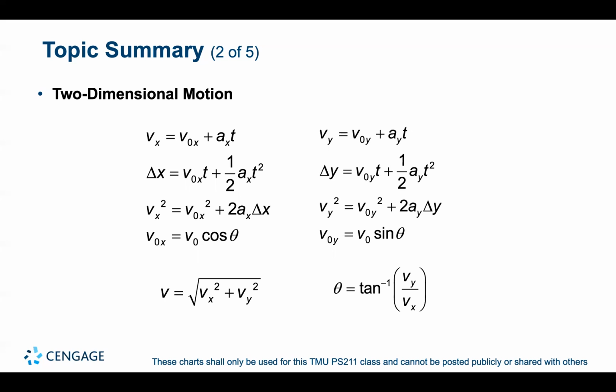You can use geometry to help you out with that. And the angle that the velocity vector makes with the x-axis can be found by taking the inverse tangent. Anyway, using this equation here. Moving on.